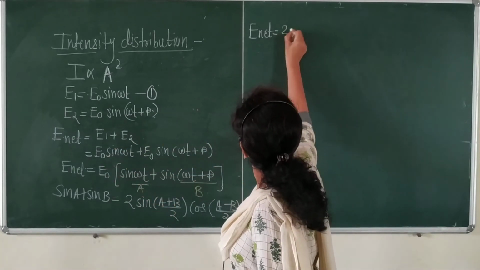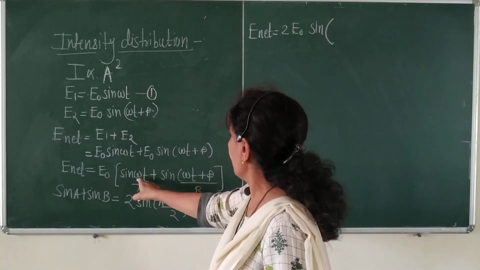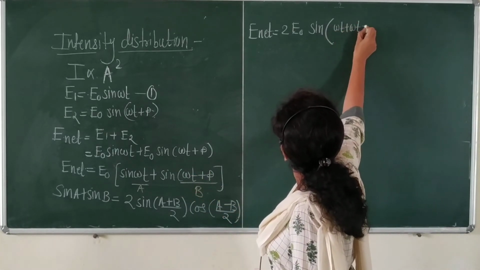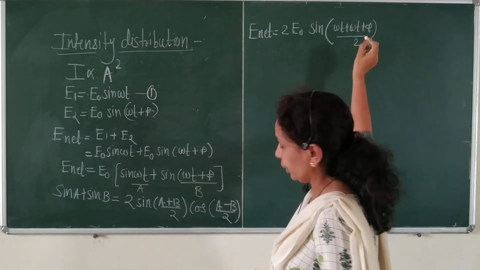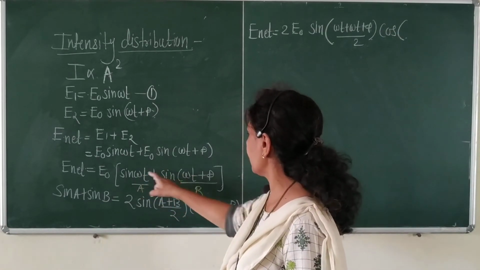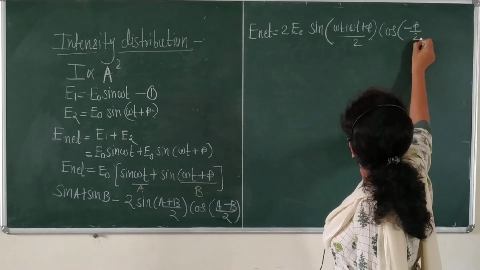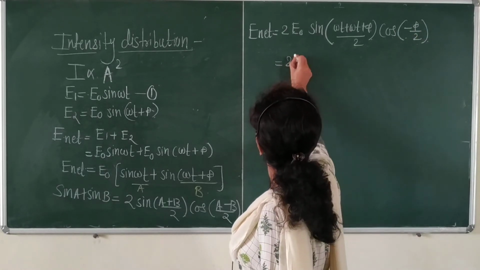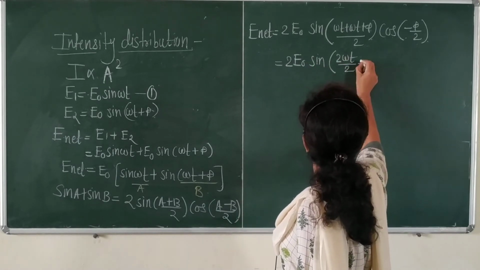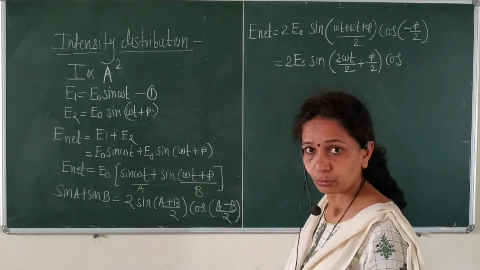Use this formula, and we get E net is equal to 2 E0 sine of (omega t plus omega t plus phi) upon 2 into cos of (omega t minus omega t minus phi) upon 2. Omega t minus omega t gets cancelled, so we get cos of minus phi by 2, and cos of minus phi is equal to cos of phi.